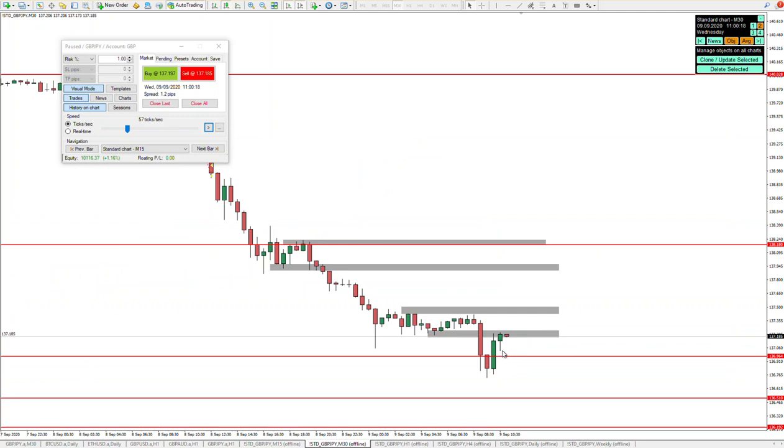Probably I will sell below this wick. This is happening in the first minutes of the M30 candle. Price is back in the range. It's visiting this resistance.